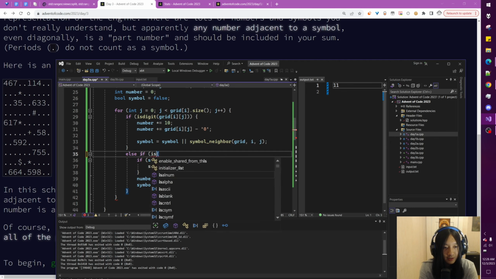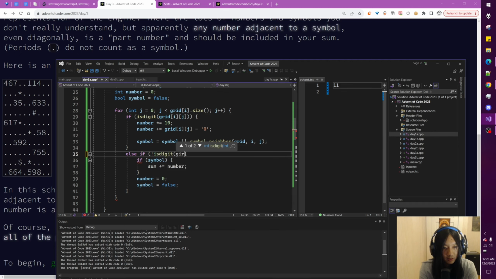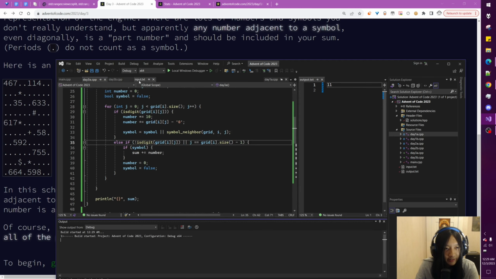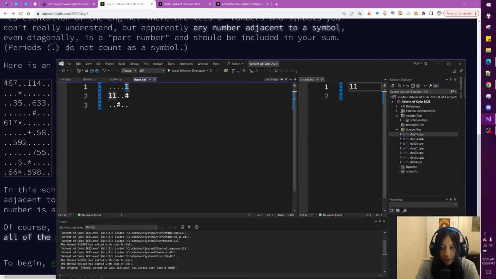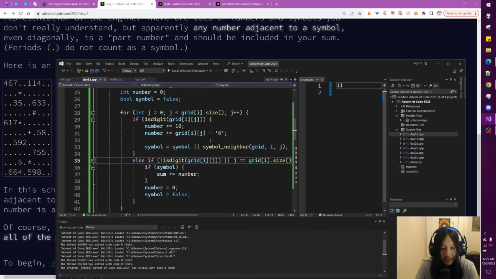So if it's not a digit, or j is equal to grid size minus 1, wait. Okay, so if we're at the end of the input, make sure to add what we found. Huh, that doesn't fix it either. Okay.